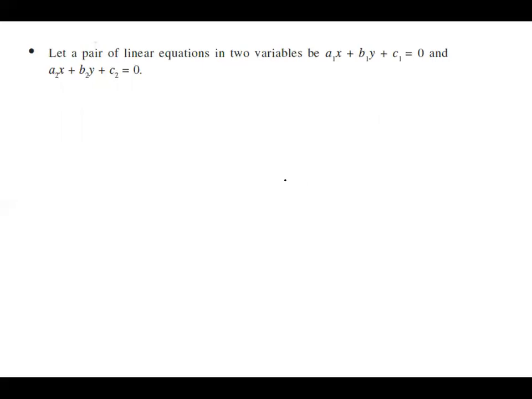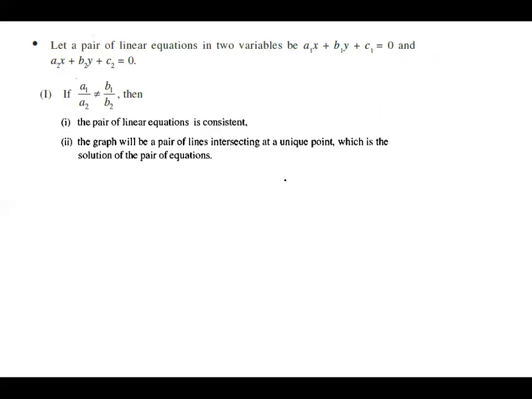Now, let us write the detail. For the pair of linear equations in two variables a1x plus b1y plus c1 is 0 and a2x plus b2y plus c2 is equal to 0, if the condition is a1 by a2 is not equal to b1 by b2, then the pair of linear equations is consistent.